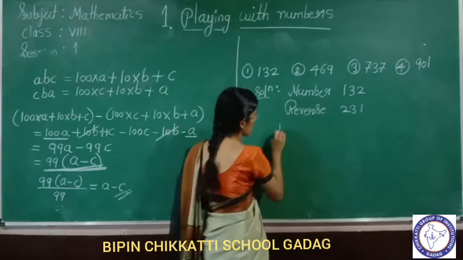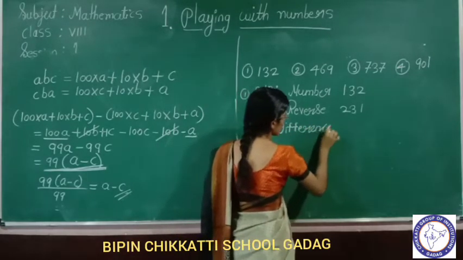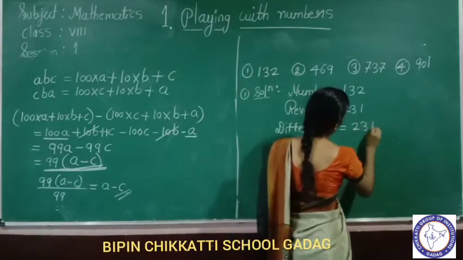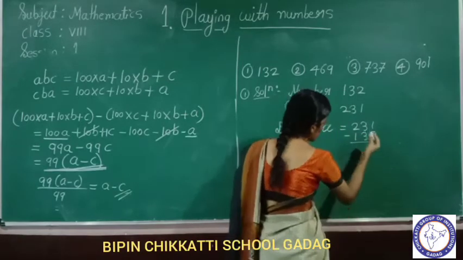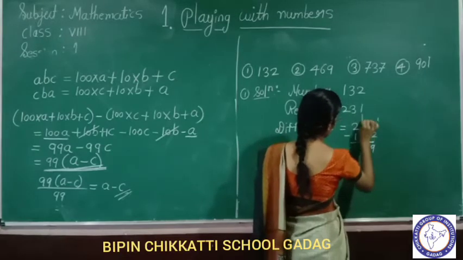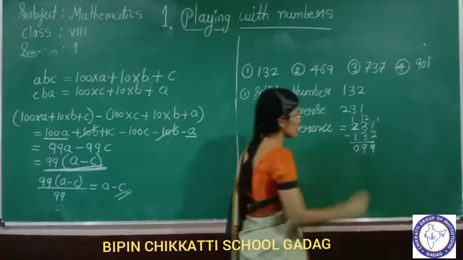We have to take the difference. The difference will be 231 minus 132. The answer: 11 minus 2 is what? 9. Here 12 will remain. 12 minus 3 is 9. Here 1 minus 1 is 0.